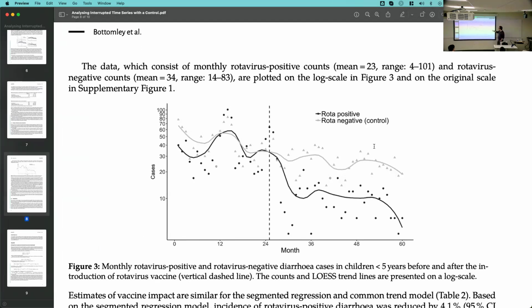This is diarrhea cases in children younger than 5 on the y-axis.